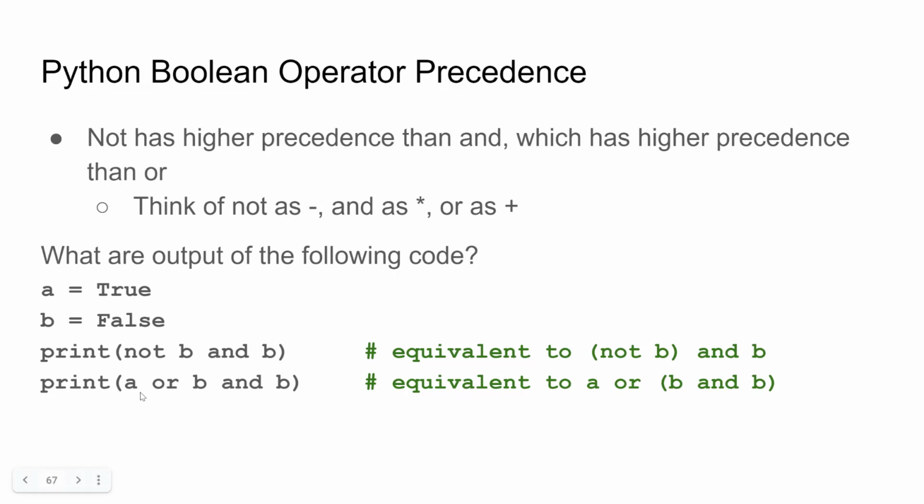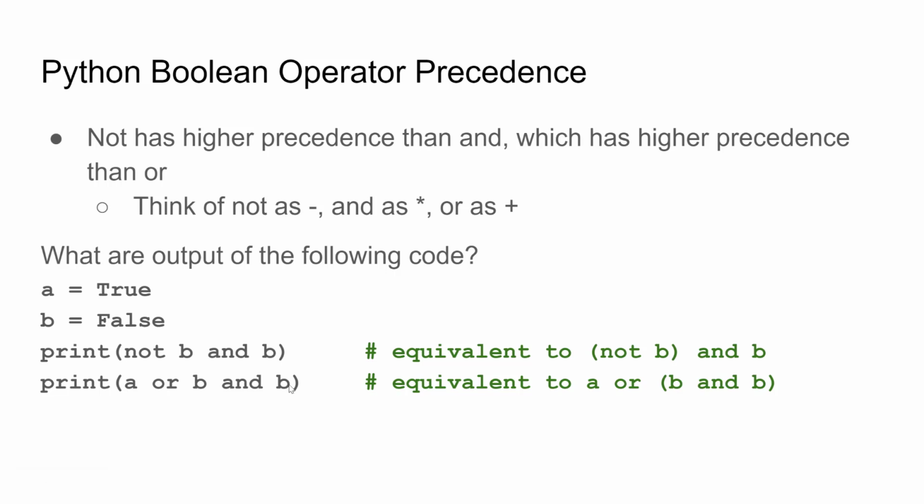Similarly here, if we first do A or B, that will be true, and then we do and with B, which is false, so true and false is false. But if we first do B and B, that is false, and then we do or A, which is true, so false or true gives us true.